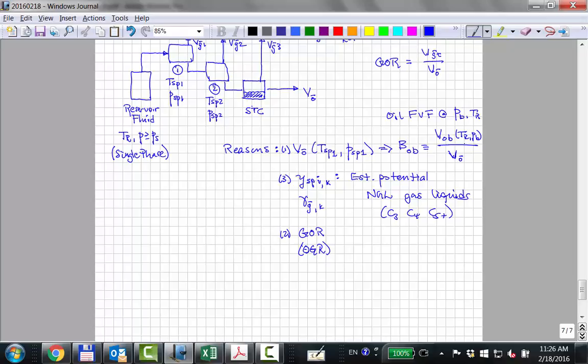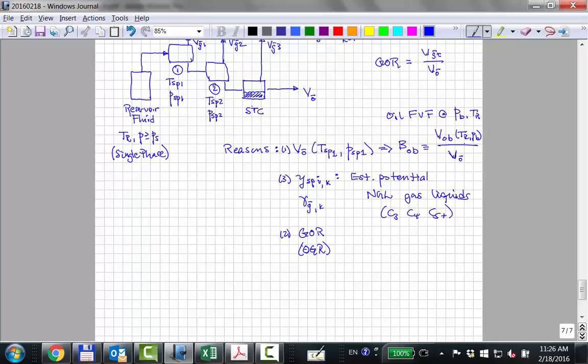Okay, so if you start with 1 barrel, or let's say 1 cubic meter, let's say 100, because it's a lab experiment. If you start with 100 cc's of oil at the bubble point, and you end up with 50 cc's sellable oil at the end of the surface processing, then the shrinkage is what?